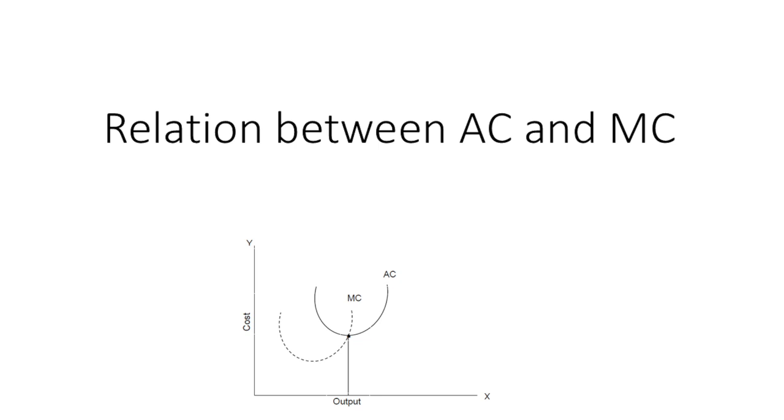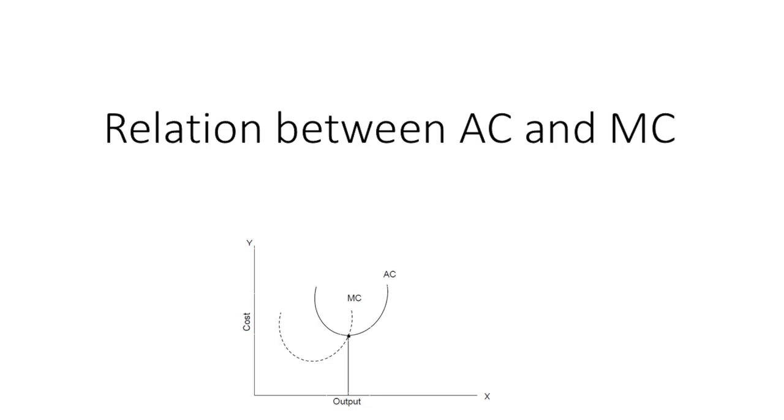Okay, from here we can see the marginal cost curve and average cost curve. In the initial period, when average cost is falling, MC also falls. Later, MC starts rising, but AC continues to fall.